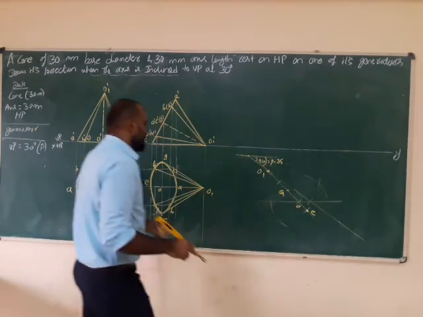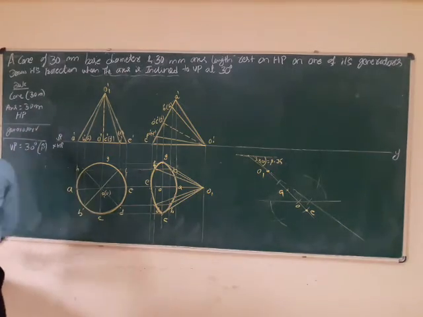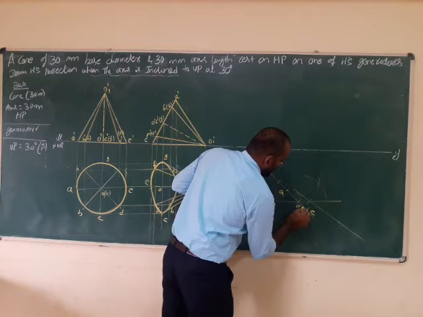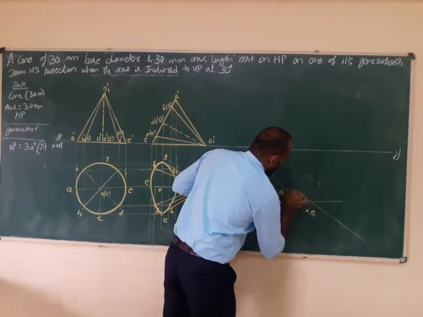O1 to C. Now we have to draw an ellipse using 4 points. From this point, you have to draw the ellipse.